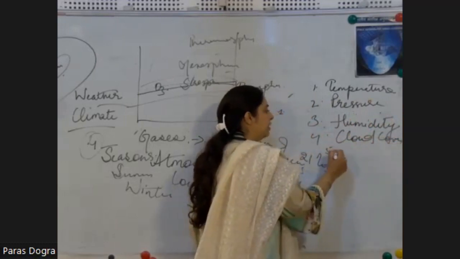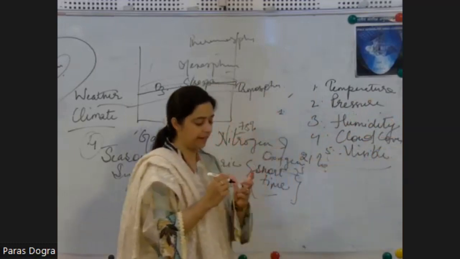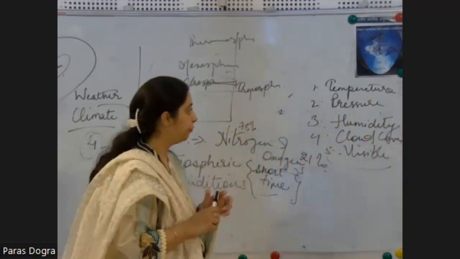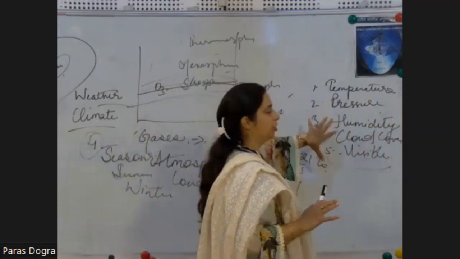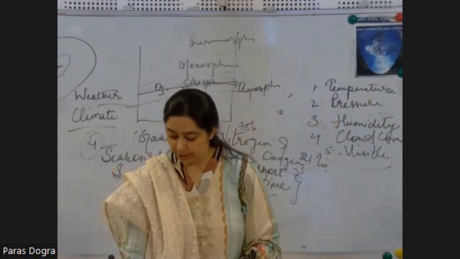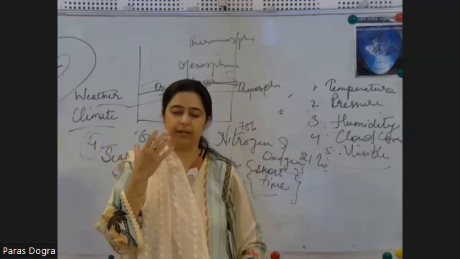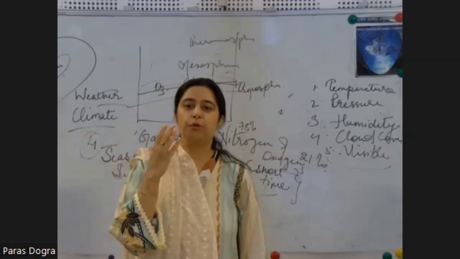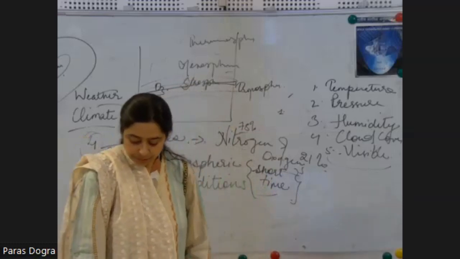So these are all the important elements of weather and climate. But the chief three elements of weather and climate are temperature, pressure, and humidity, which play a major role in deciding the climate or weather conditions of a particular area or of a particular place.